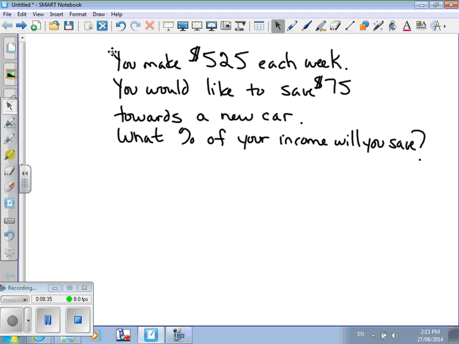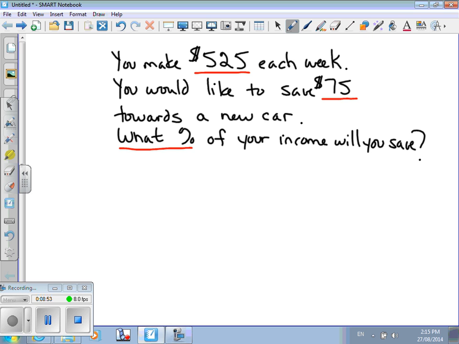We can see that it's the percentage that we're looking for. We've got the what percent. We can see that we've got this total here, our income for the week, and we've got this part that we want to save.